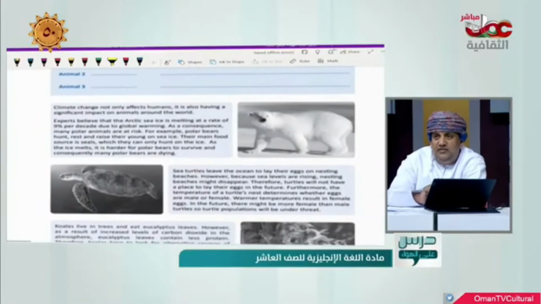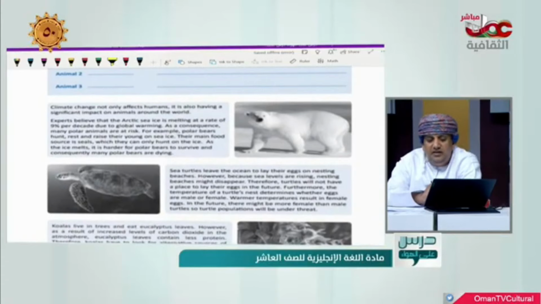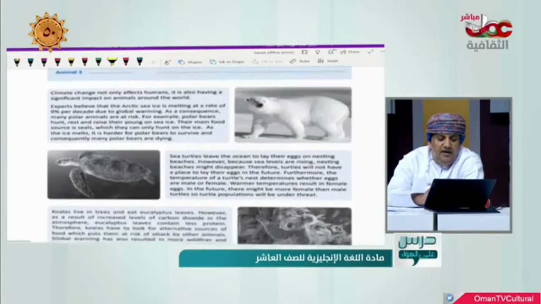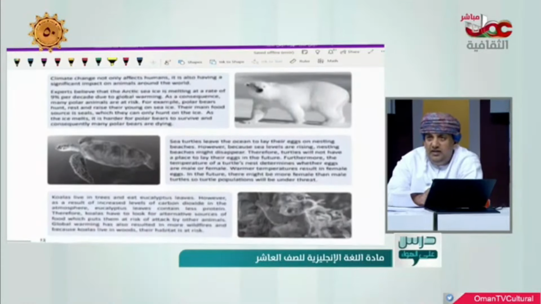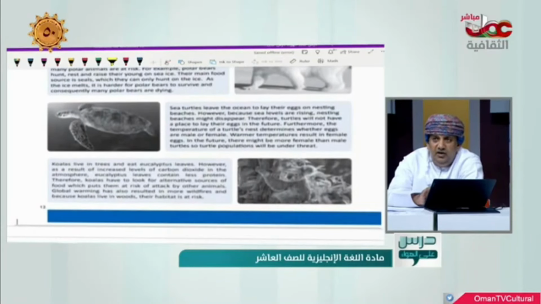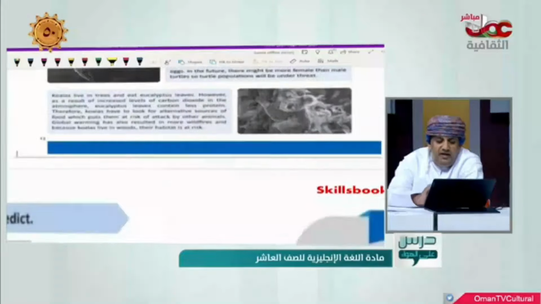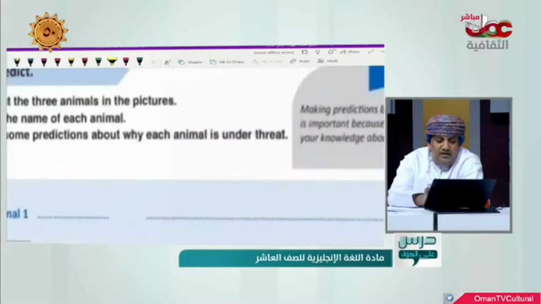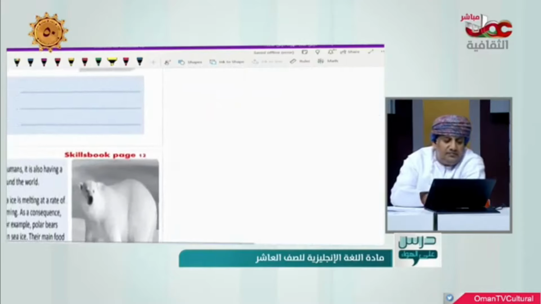As you can see, what's the first animal? Who can say? Yes, it's the polar bear. And number 2 is the sea turtle. Okay. And number 3 is the koala. So now we are going to read about them and answer some questions.